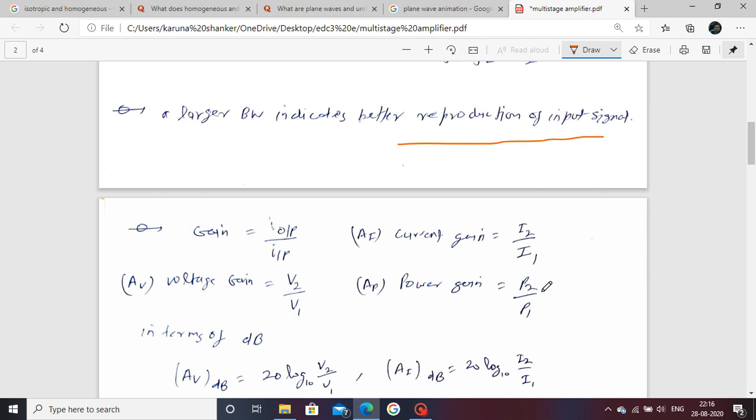Also, compared with a single stage, where the gain bandwidth product is low, in a multi-stage amplifier the gain increases but the bandwidth decreases. This point is also discussed in the next pages.